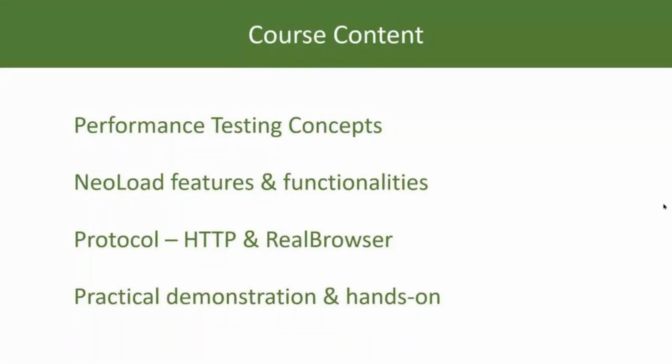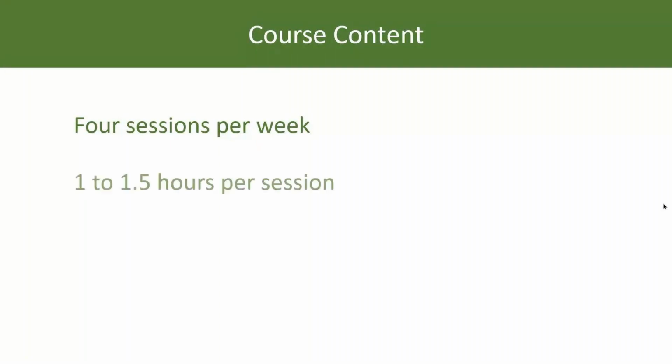Okay, fine. So, what can you expect from the course content? There will be a minimum of 4 sessions per week, and if time permits and everything goes well, we will also cover 5 sessions per week. Each session is going to be between 1 to 1.5 hours, and you can expect between 18 to 20 sessions.